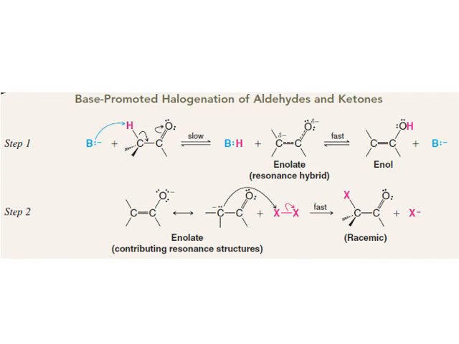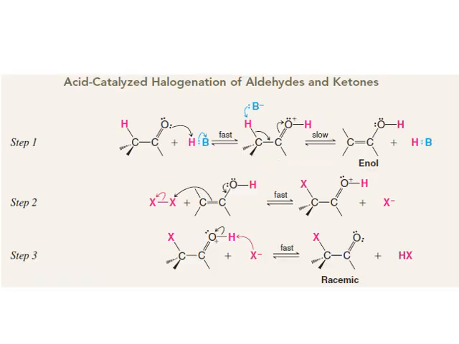In case of acid, we say that the reaction is acid catalyzed. In this case, enol is formed also as Z and E isomer.